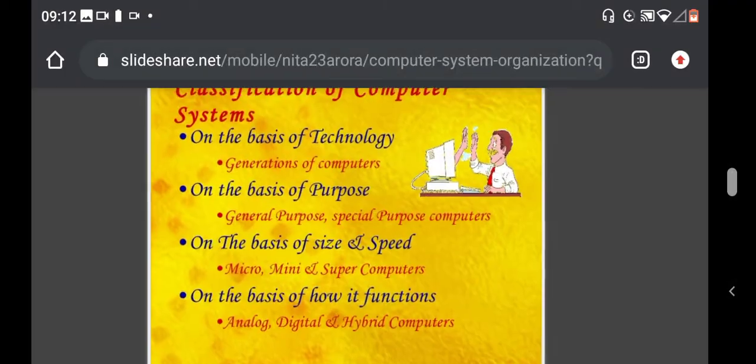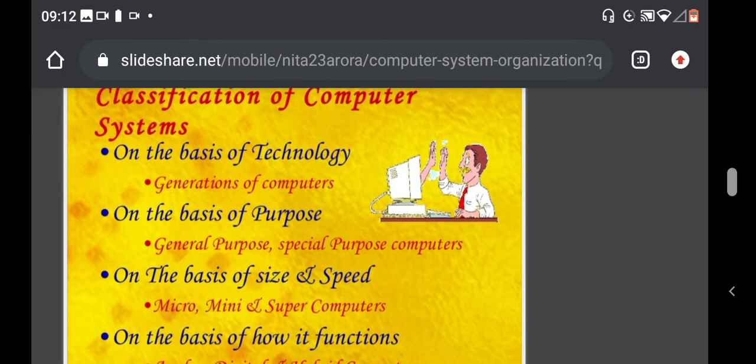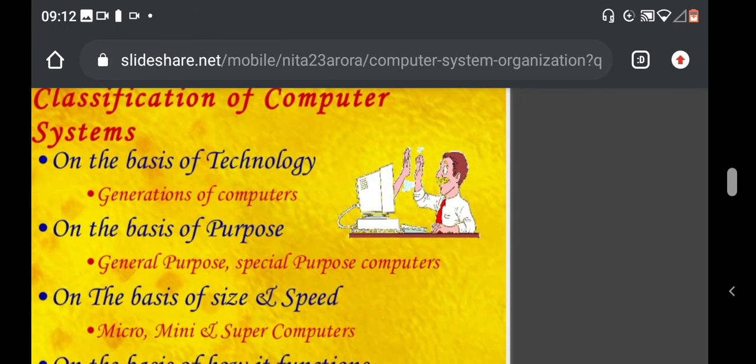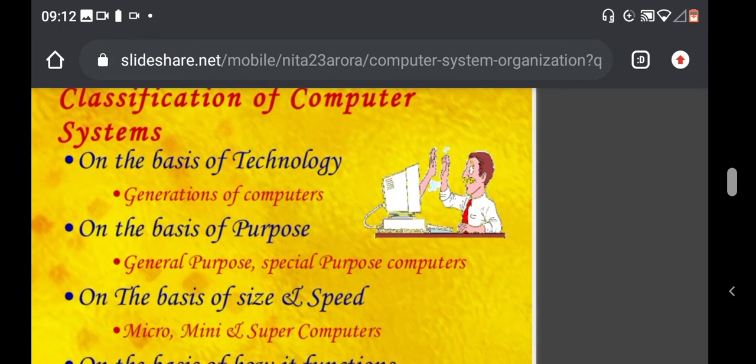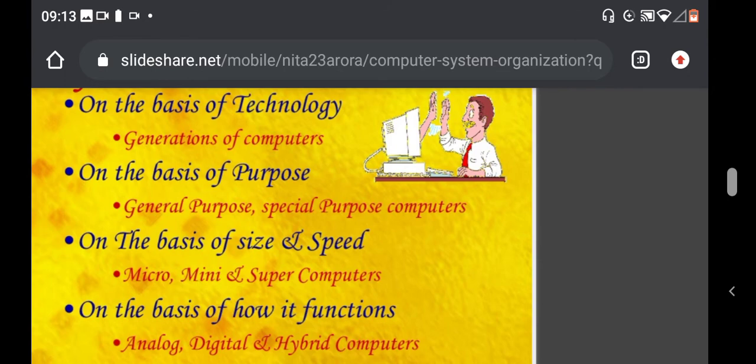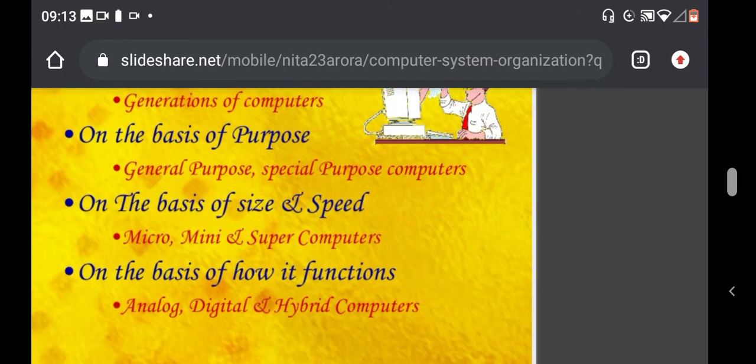So we have the classification of computer systems. The first one is on the basis of technology. We have the generations. On the basis of purpose, on the basis of size and speed, and on the basis of how it functions.